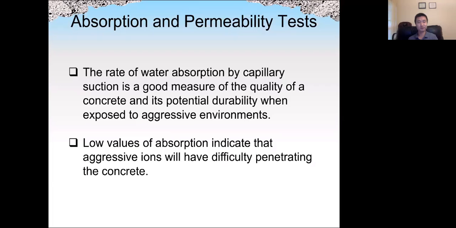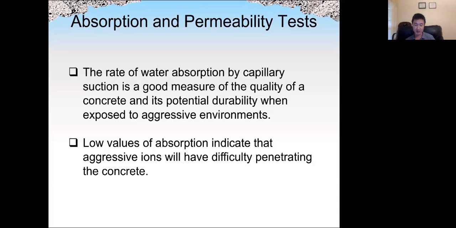So next, let's talk about the test for absorption and permeability. These tests are pretty much similar. Basically, we see how much moisture or gas the concrete can absorb by capillary suction, because this is a good measurement of concrete quality.